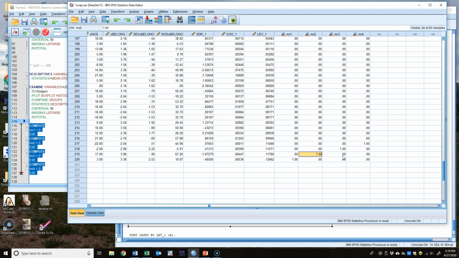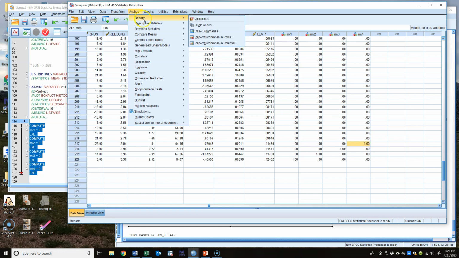This indicator identifies the case with the second highest leverage against everything else, third highest against everything else, fourth highest against everything else. Okay, and we want to take a look and see what combination of variables is involved in identifying these cases as potential multivariate outliers.